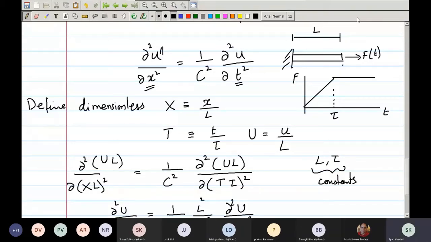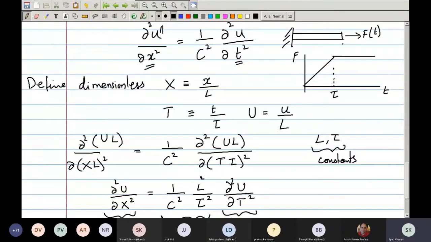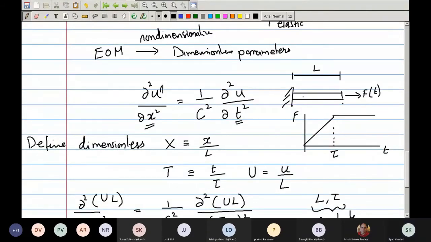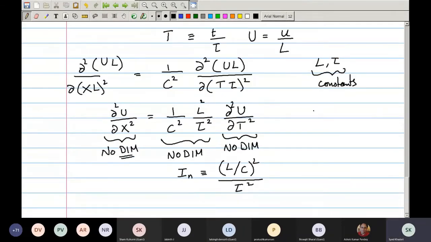So L by c is the time taken to traverse the length of the rod by the elastic wave. This is our inertia number.